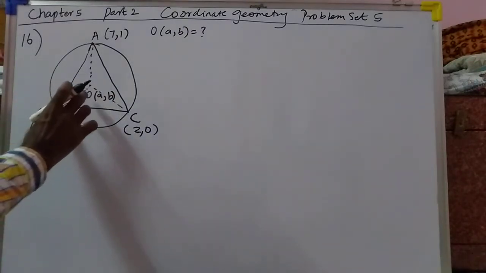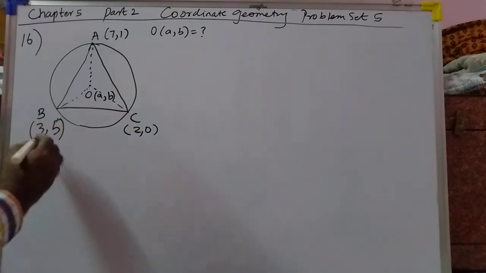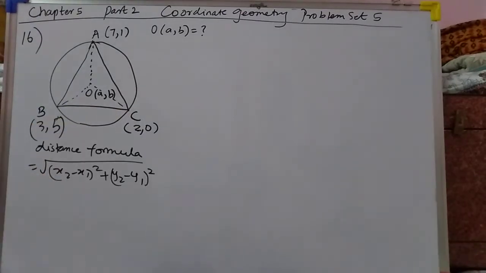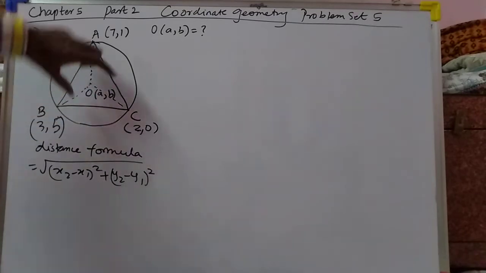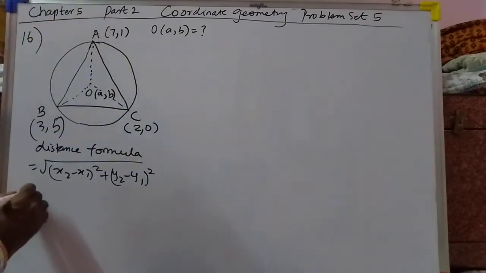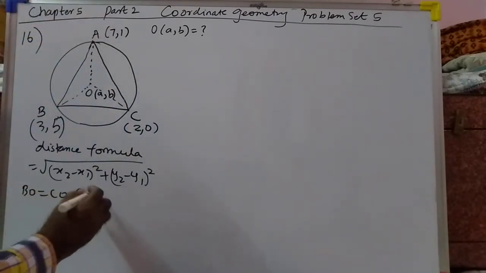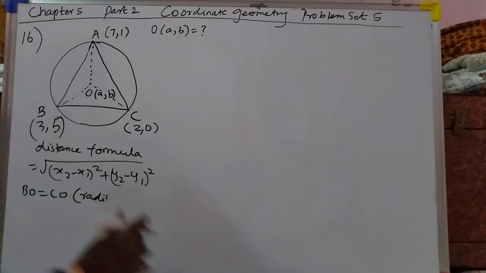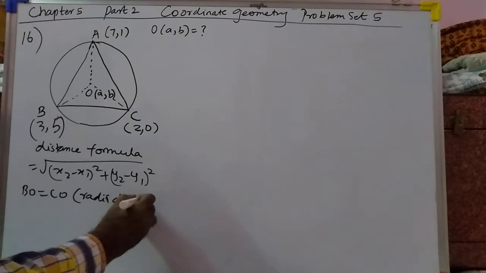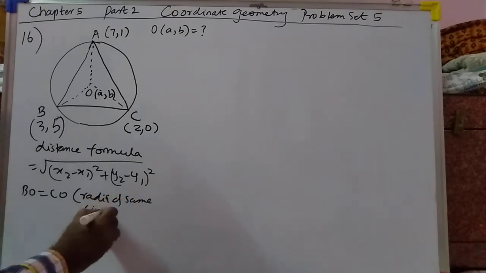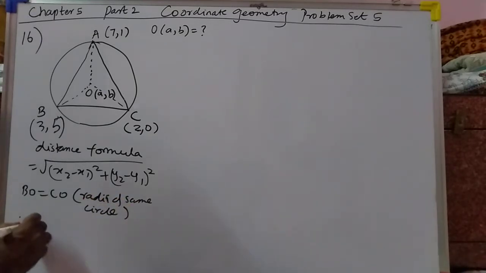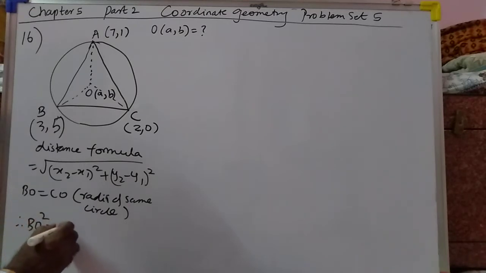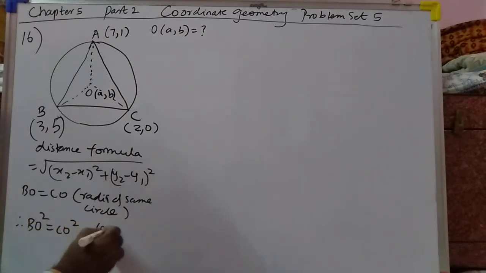To find that, BO is equal to CO, radii of the same circle. Therefore, squaring both sides, BO square is equal to CO square.